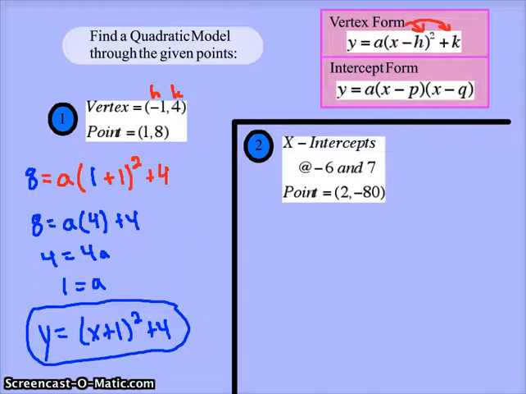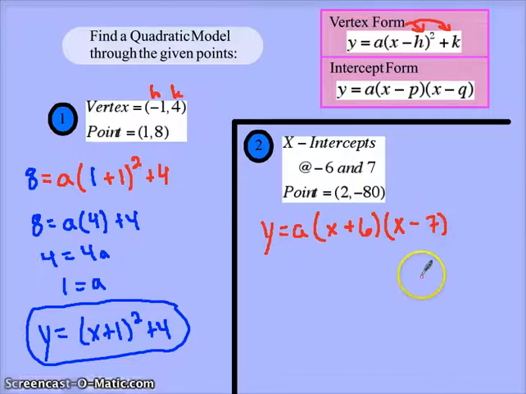If you had x-intercepts, the same idea holds, only now we want to use intercept form, because obviously we can't plug those in for h and k in vertex form. They're not the vertex. But if we say again y equals a, our stretch, times x minus our first x-intercept, so x plus 6, minus the negative 6, times another quantity, x minus 7, our other x-intercept given, now we're off and running.